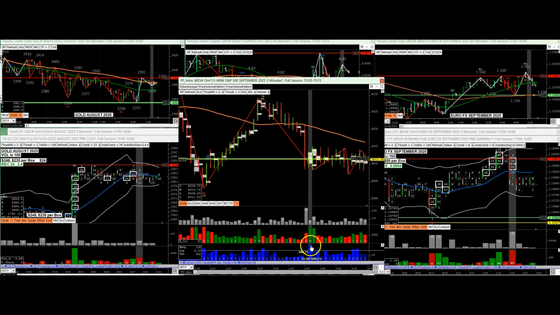I'm looking at volume, which is this middle one, and the bottom one is volume per price. I want to see it go up. So it's going down, ding, ding, ding, and bang, right here, 106. It means way too much volume per price.